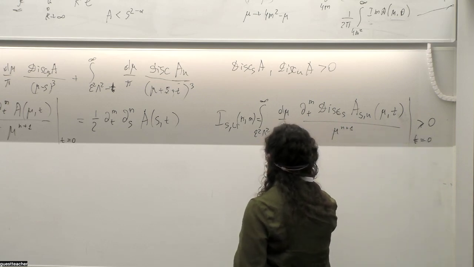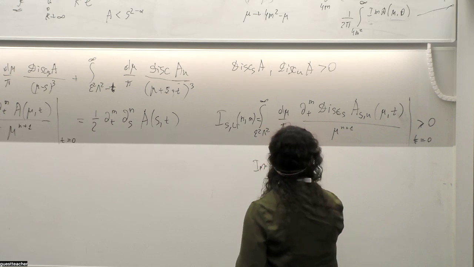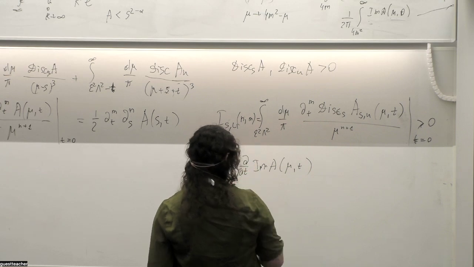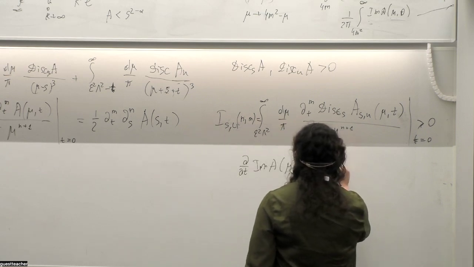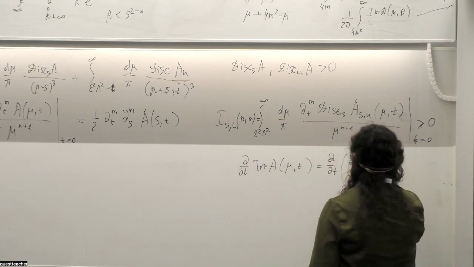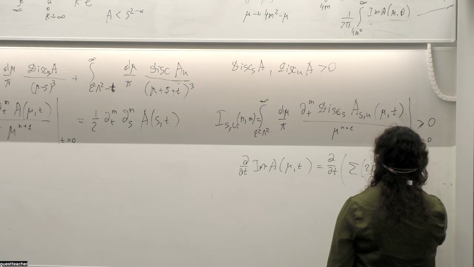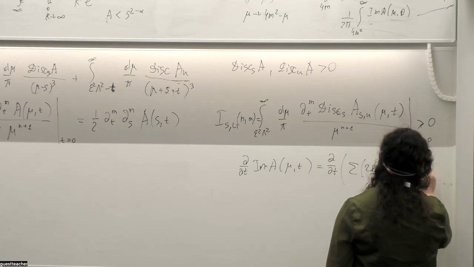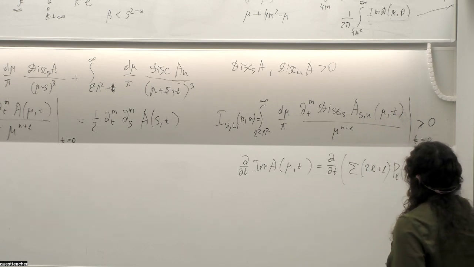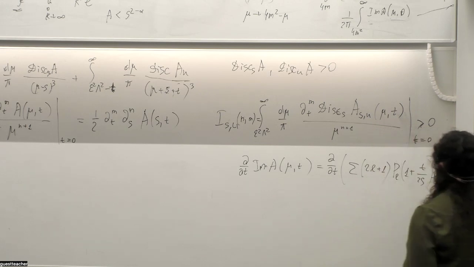Basically, the imaginary part of the amplitude of mu and t, differentiated with respect to t, will be d over dt of the sum of partial waves: 2L plus 1, Legendre polynomial P_L of 1 plus t over 2s, times the imaginary part of f_L of s. I consider the massless case here for simplicity. Imaginary parts are positive, that's fine.